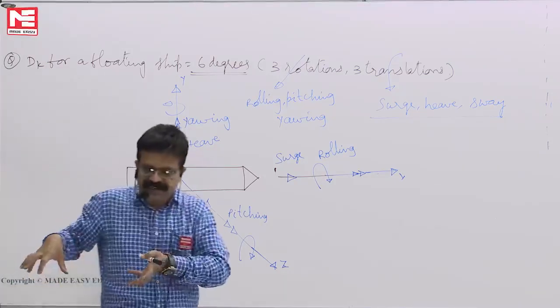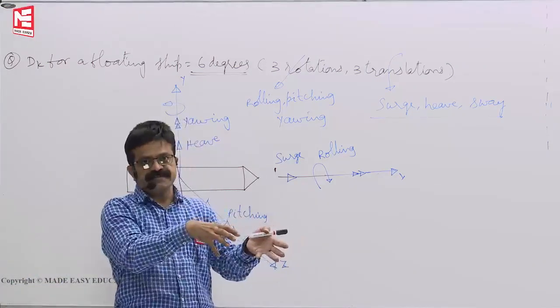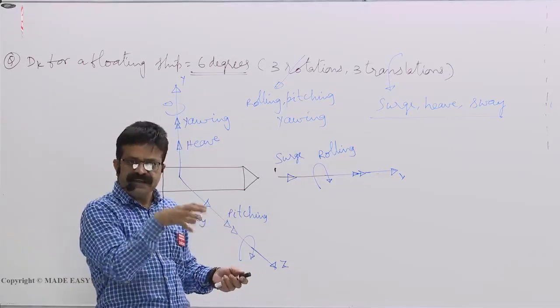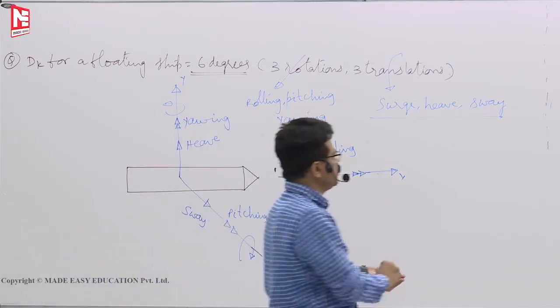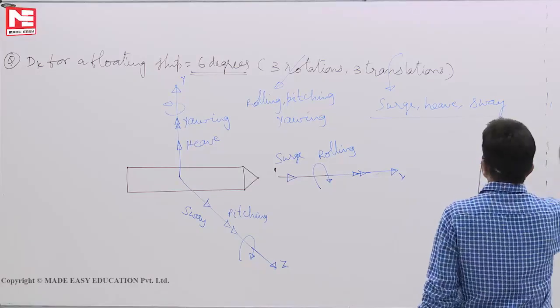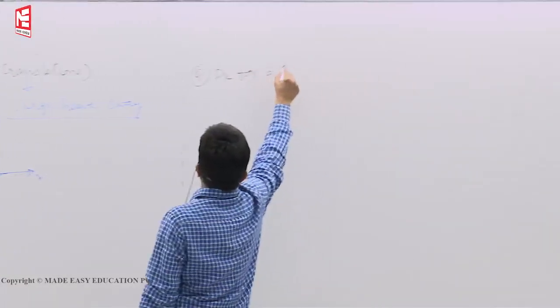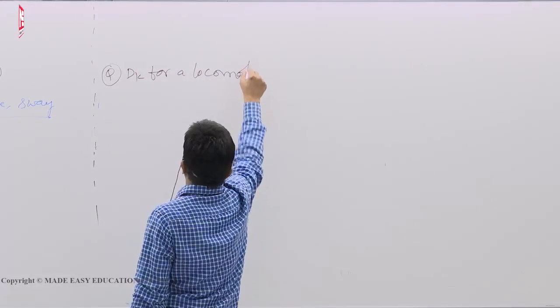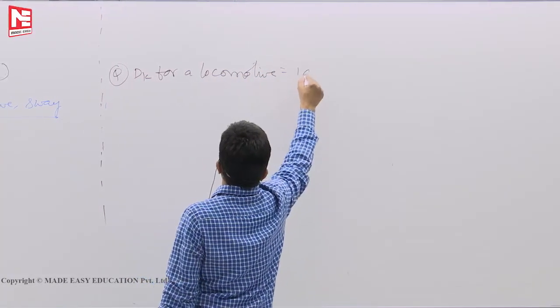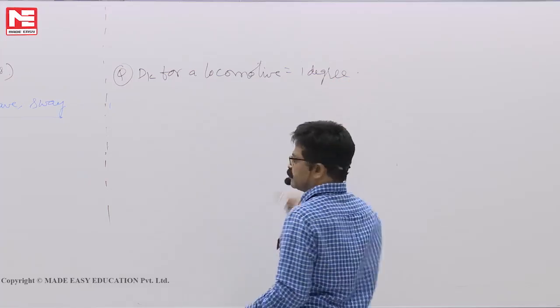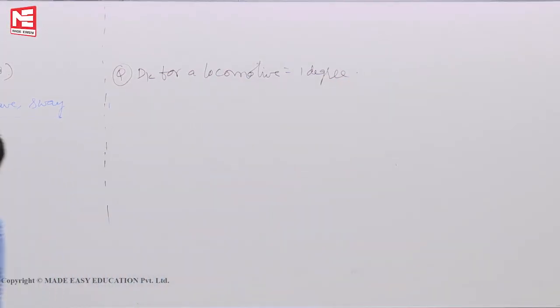If we take a railway engine or train movement, then independent displacements you have to take as only one. dk for a locomotive is only 1 degree. Why only 1 degree? Trains also rotate.